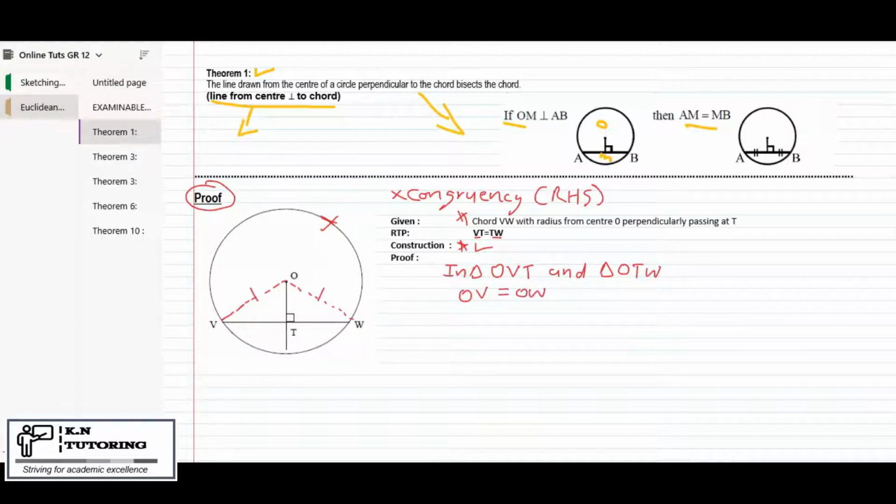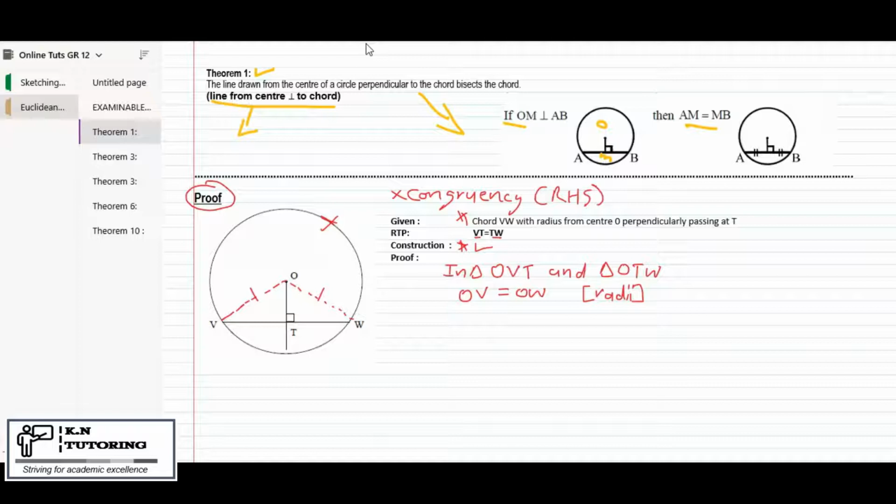If you don't mention the reason, this is not going to be marked, so you need to give a reason. Why are we saying OV is equal to OW? Because they are radii, two of them, radius, radii. It's very important to know what a radius is. A radius is a line that is drawn from the center of a circle to the circumference of the circle.